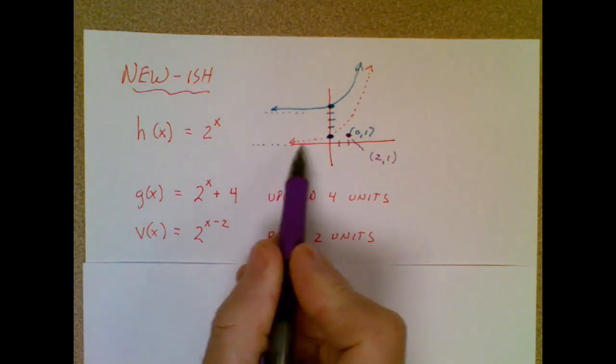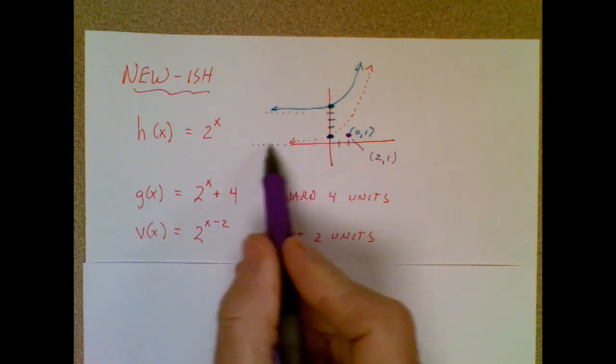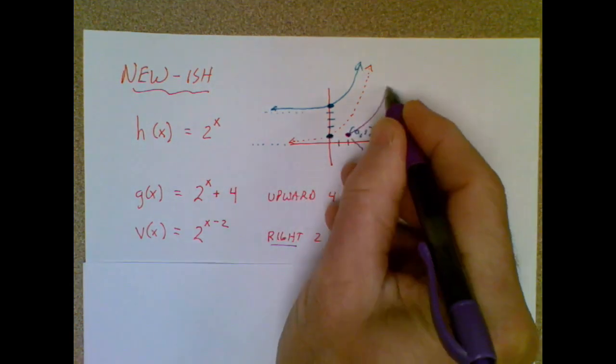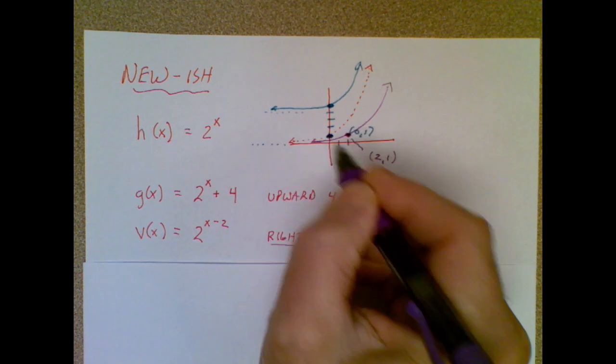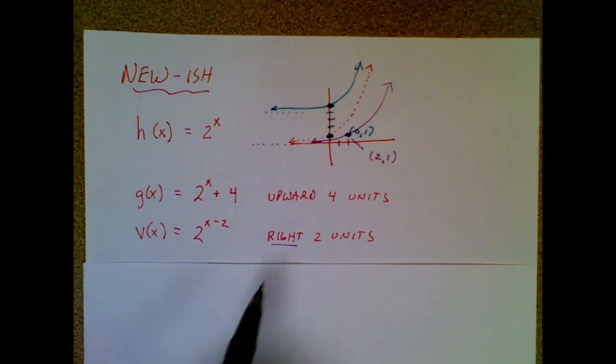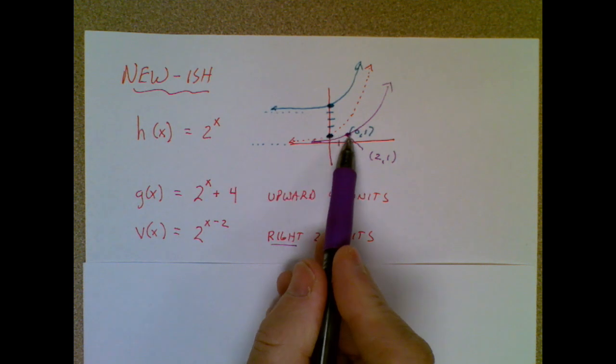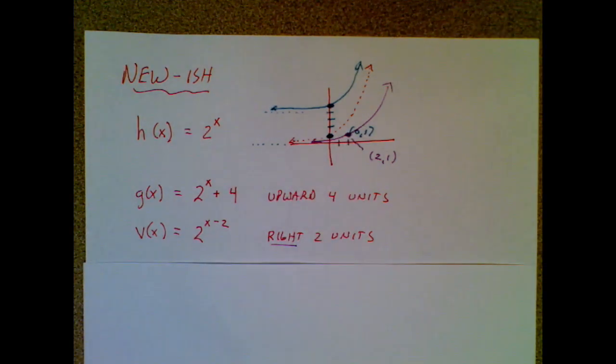When I move the asymptote left and right, it still stays as this dotted line. So my new graph would look like that. Basically, if I moved it right 2 units, I can take that intercept and just move it to the right 2 units.